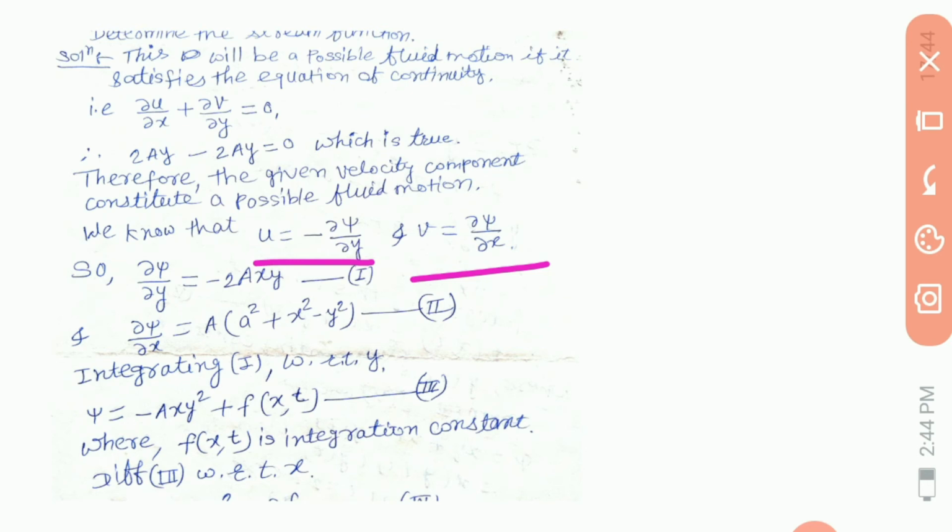Suppose this is first, and dou psi by dou x is a in bracket a square plus x square minus y square. Suppose this is second.